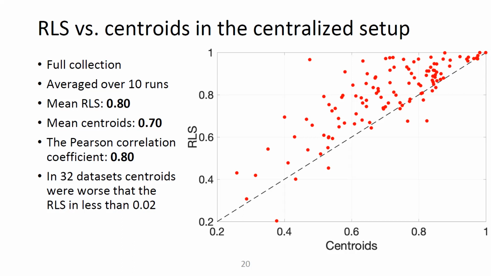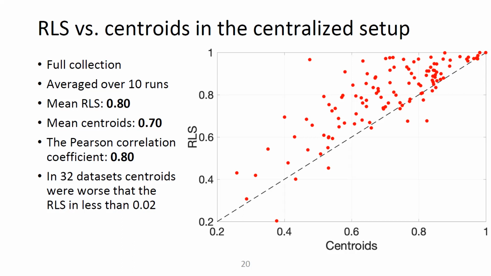However, we can clearly see that the RLS outperforms the prediction obtained from the centroids. The average accuracy for the RLS was 0.8, and the mean computed on all the datasets for the centroids was 0.7.